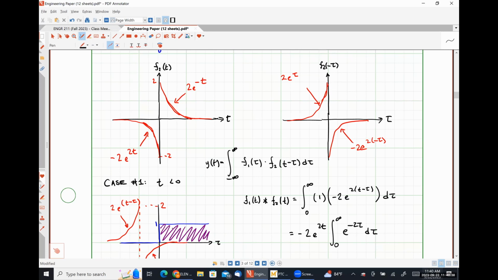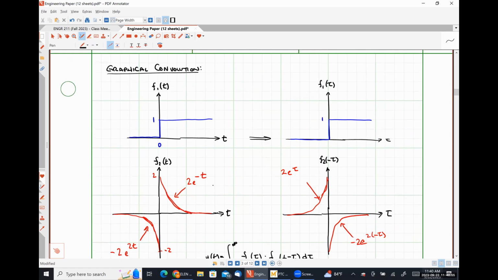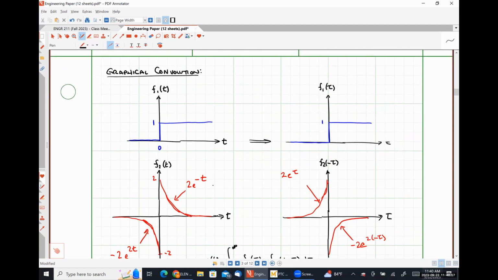So effectively, when we did convolution on Wednesday with just mathematical functions, to get our function as a function of t minus tau, we just replaced t here with t minus tau. We're doing the exact same thing.